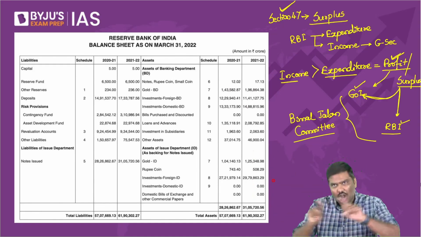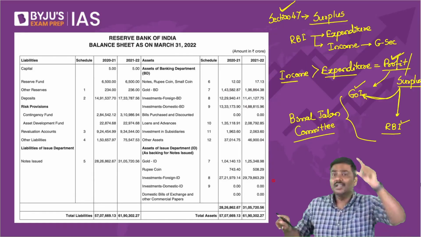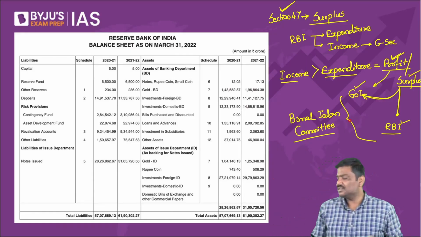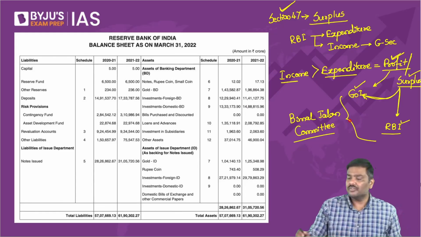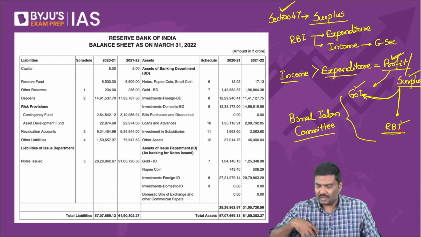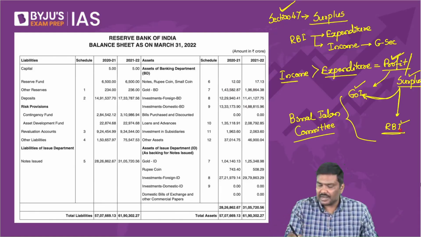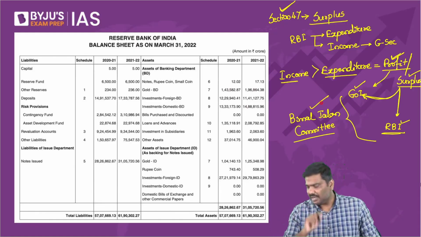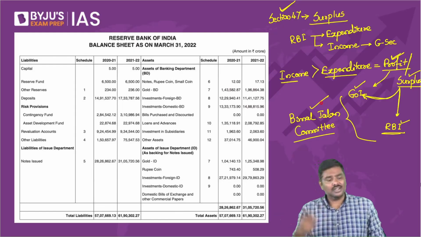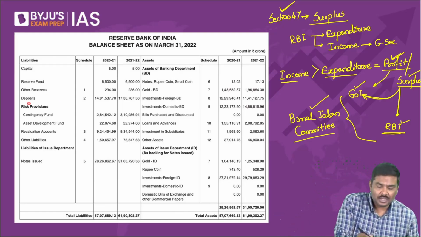RBI is not like, let's say, the Infosys company. It's not a commercial entity. That is basically the reason instead of profit, we'll use the term surplus. So part of the surplus will be given to Government of India. Remaining, RBI will keep with itself. And this has been recommended by the Bimal Jalan Committee. Any problem with this? What is the formula? Not required.